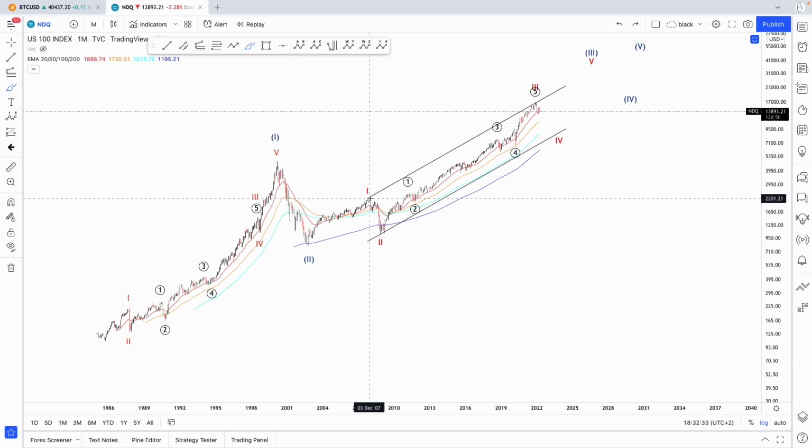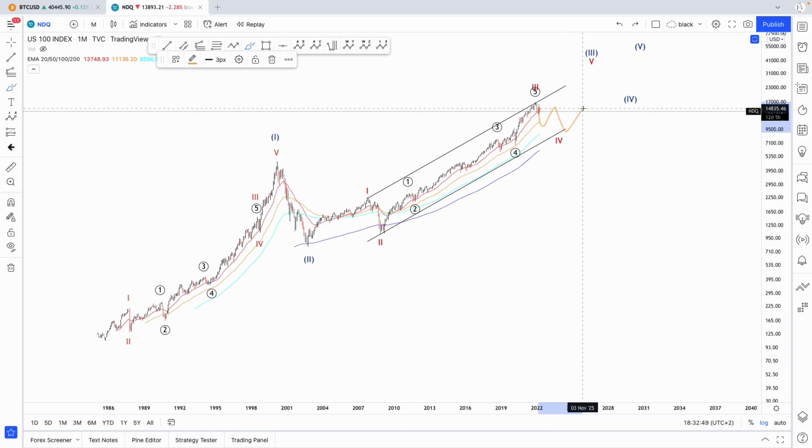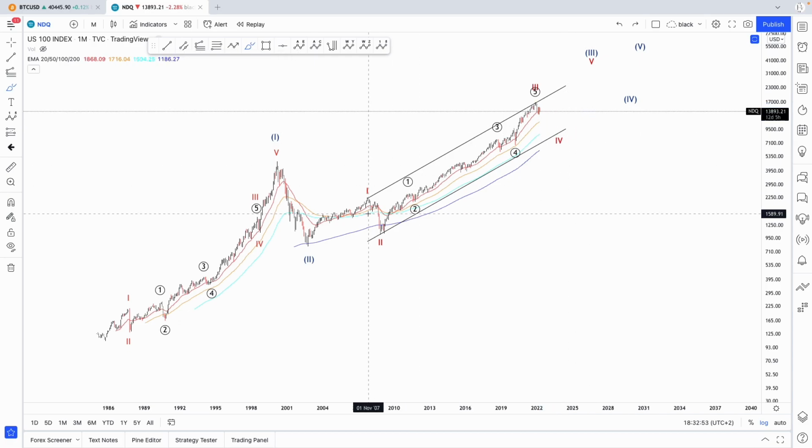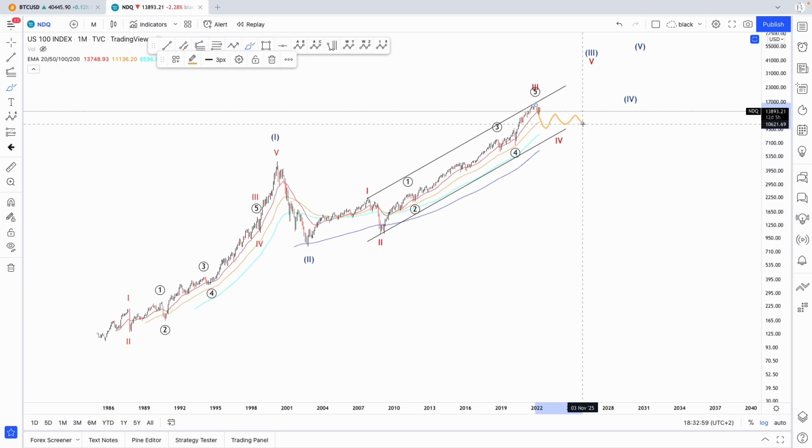So, if one is a zigzag, or a simple correction, something like this, very straightforward to a point, the market was in a rush to sell and then induce buyers into the market, the other one could most likely be more of a sideways movement, something like this. That's alternation. With that being said, I would expect that to be indeed more of a sideways correction.